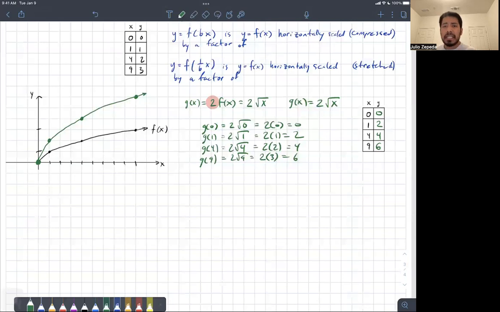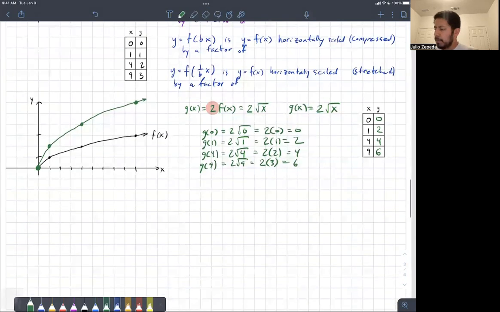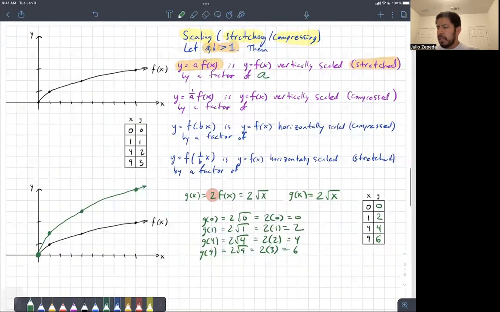If a is less than 1, and here we're also going to assume that not only is it less than 1, but it's going to be greater than 0. Because if it ends up being less than 0, that would mean it's negative, and that would end up including a reflection about the x-axis. Okay, so we'll talk about that in a more complex example in just a little bit.